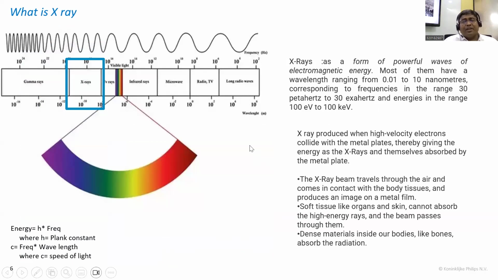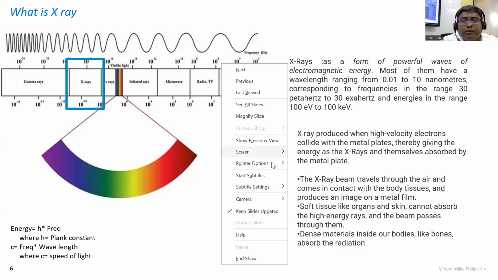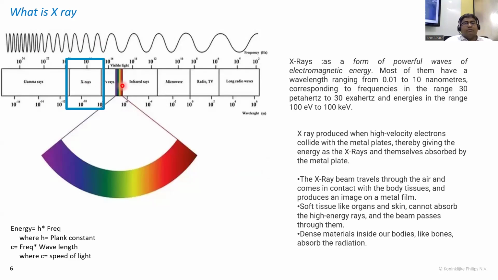Before we go to the design of the X-ray device, let's have a look at what X-ray is. X-rays are a form of powerful electromagnetic wave. Visible light operates in this frequency and wavelength range, whereas X-ray comes in the range of 30 petahertz to 30 exahertz.